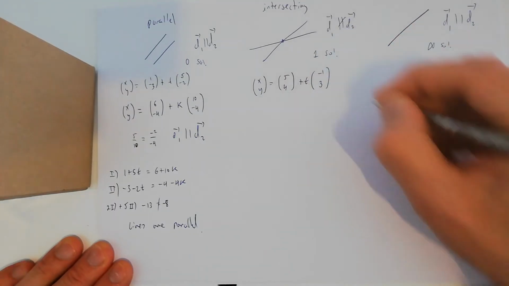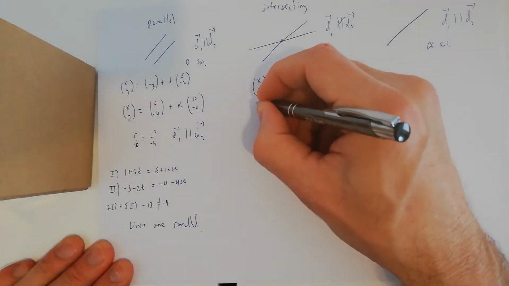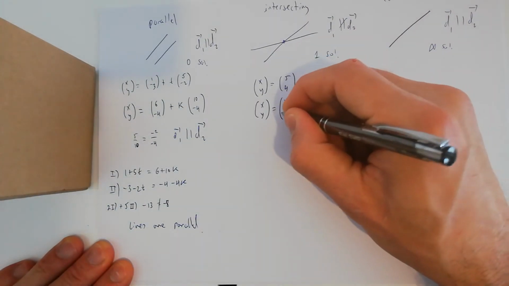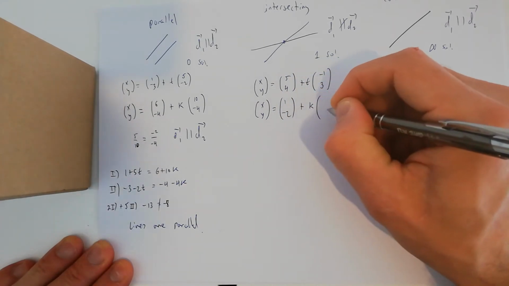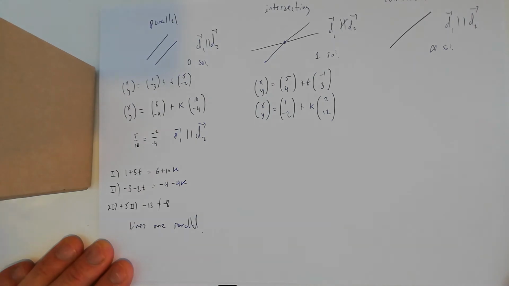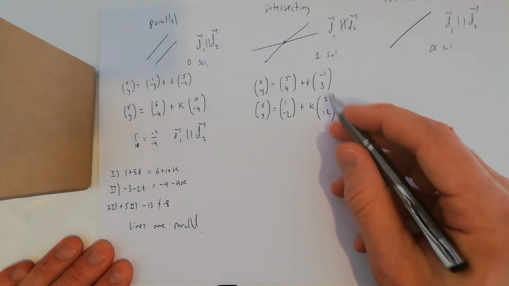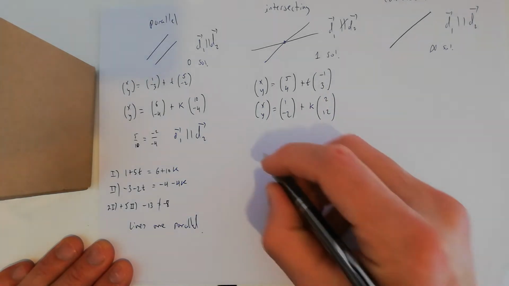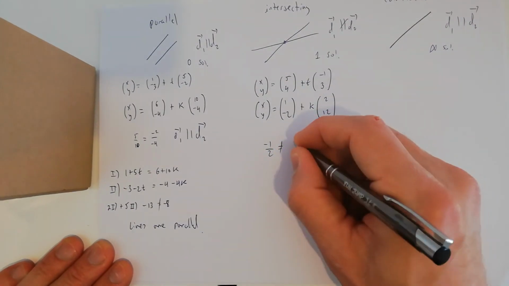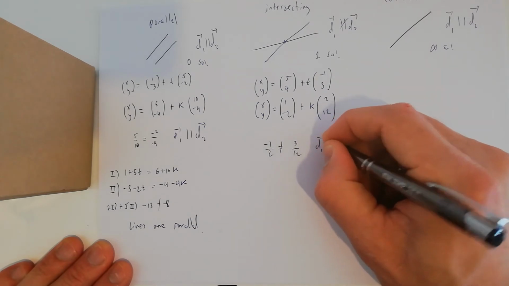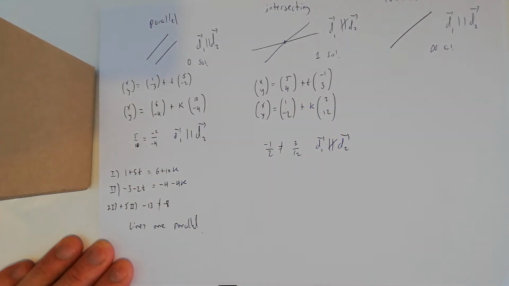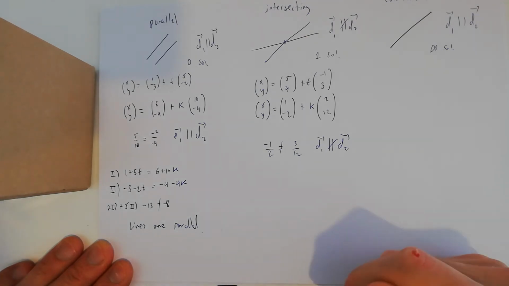For example, if we have the line (x,y) equals (5,4) plus t(-1,3), and the line (x,y) equals (1,-2) plus k(2,12), and we want to find the relative position, first we check to see if the direction vectors are parallel. -1 over 2, as you can see, is not equal to 3 over 12. That means the direction vectors are not parallel, so in two dimensions necessarily the lines intersect.